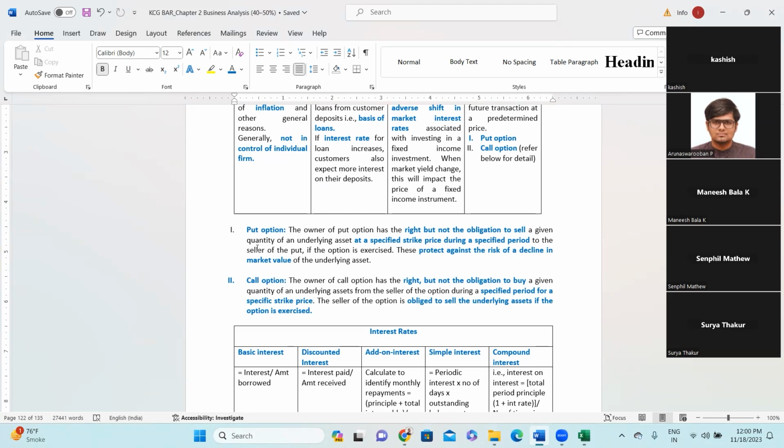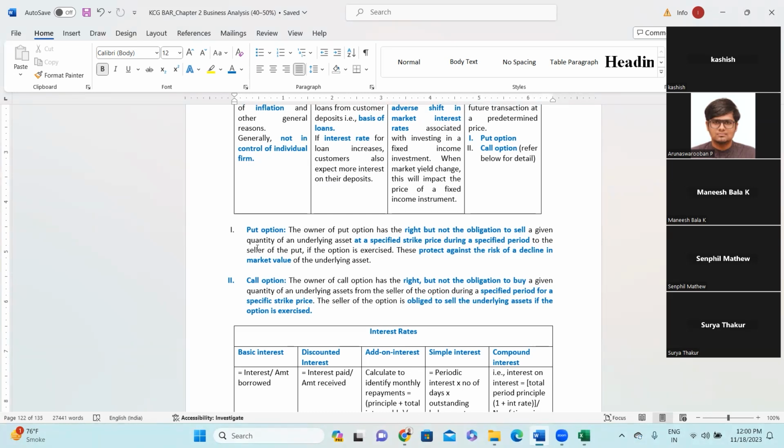You entered into an arrangement with the vendor that he or she will be purchasing this many bags at this particular rate during the year, and that is a binding contract. So options are generally called put options when you have a right to sell at a particular price.